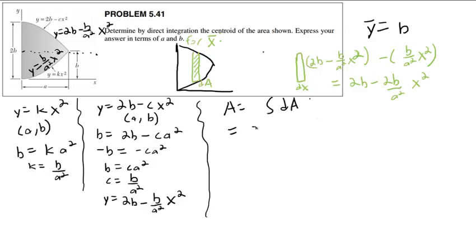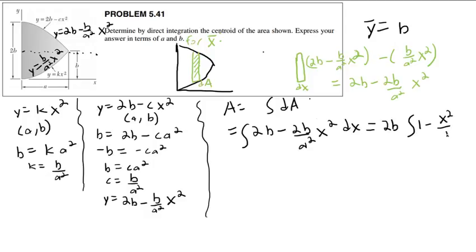So thank you. 2b minus 2b over a squared, sorry about that, x squared dx. Now I will pull out the 2b, because now it actually does make sense to do that. 2b integral 1 minus x squared over a squared dx, right?